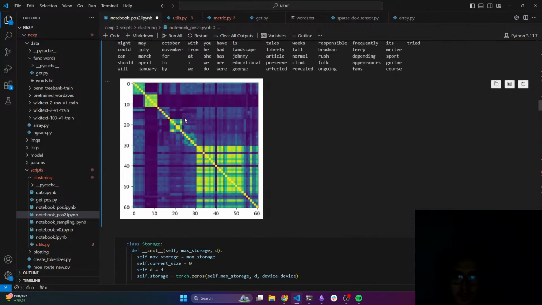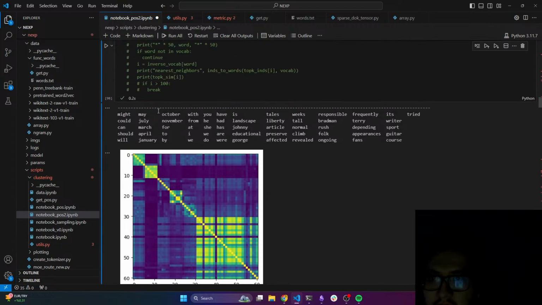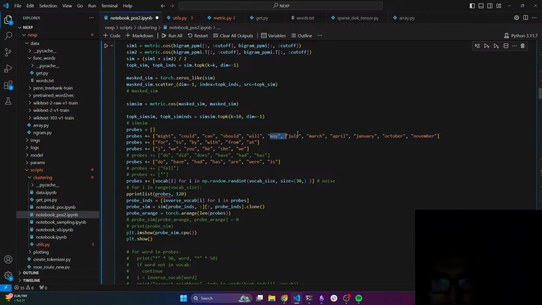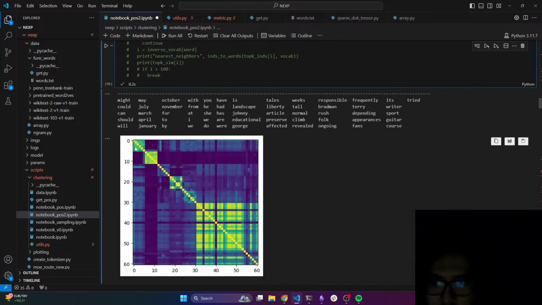The same thing. But then pretty clearly the second cluster, which is these months of the year words, become a lot less similar to everything else, right? Except for May. And another thing is May is not similar enough to these words, right?